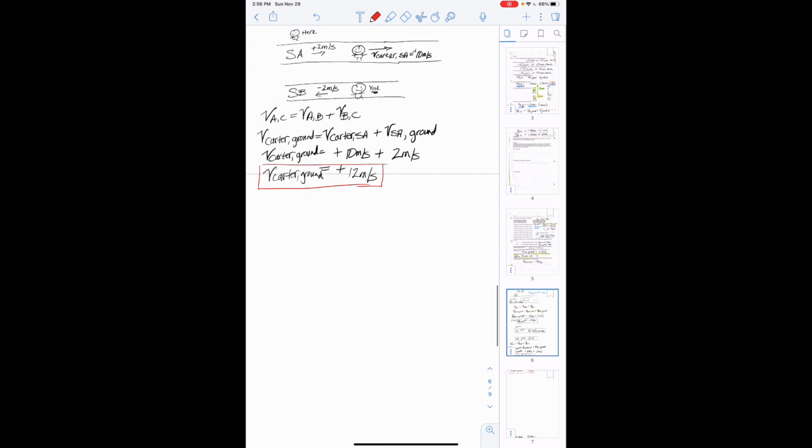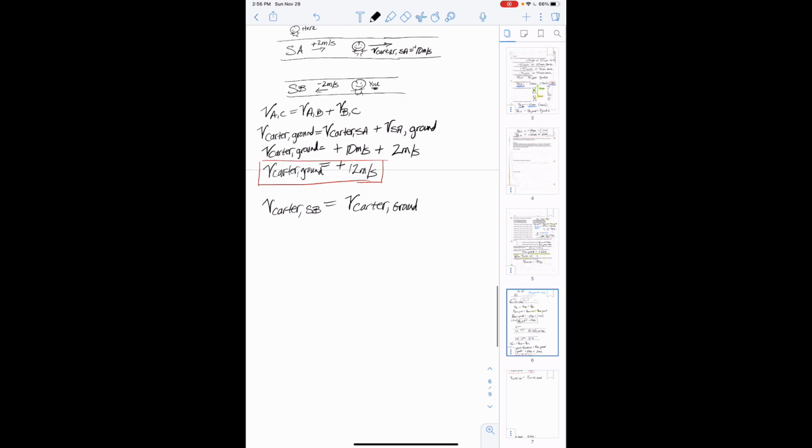So what we want to know is, what is the velocity of Carter relative to sidewalk B? So we're going to go ahead and use the sandwich formula. And so you can see, if the third object is the ground, what we did previously is going to be useful.